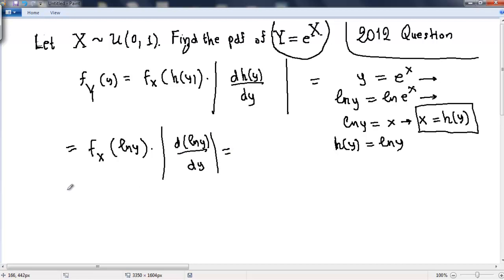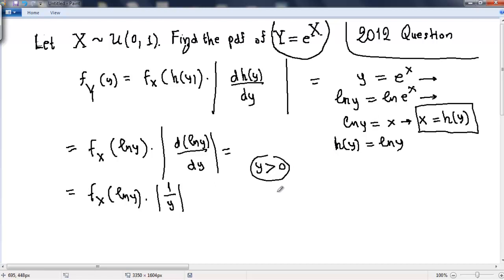This is f_X of ln y, and of course this derivative here is the absolute value of 1 over y. Now we only suppose that y is positive. Y is positive because y equals e to the x, and we know that it's always positive, so y must be positive.